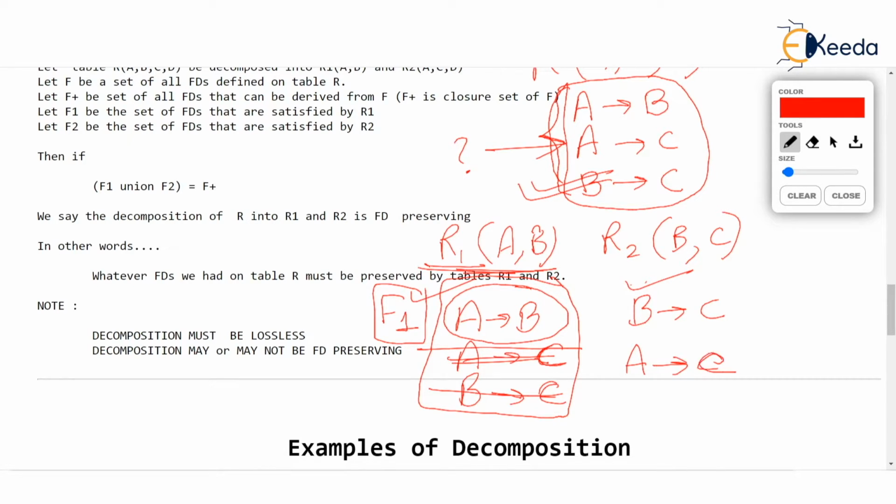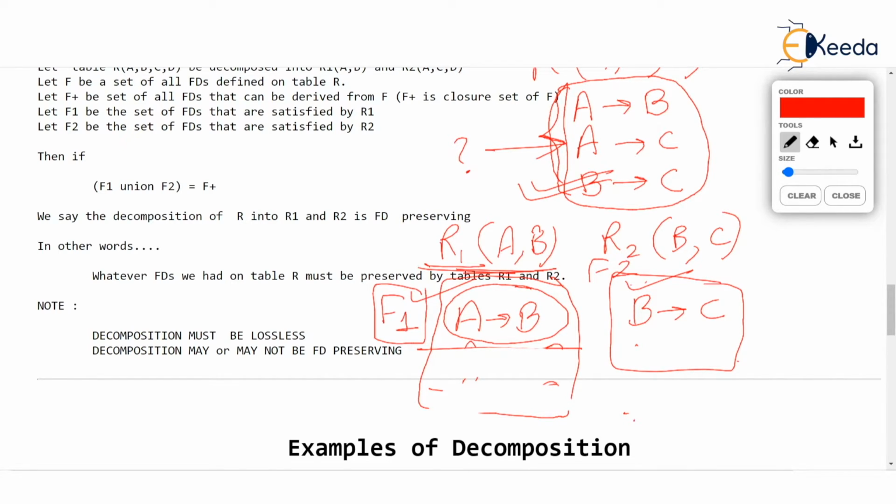No, we can't take this dependency here because A is missing in R2. I hope you are understanding. Or can we take A determines B here under R2? No, we can't because A is missing in R2. So the only dependency that R2 agrees on is B determines C. Let's call this set F2.